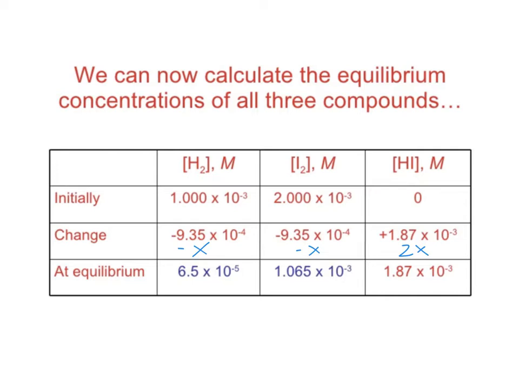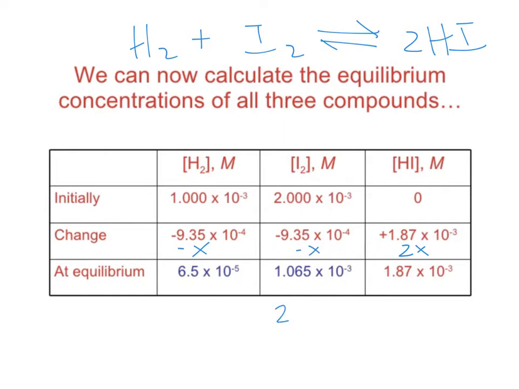So, if we start with 2 times 10 to the minus 3 of I2, and remember this is our reaction, H2 plus I2 goes to 2HI, and we decrease by this much, 2 times 10 to the minus 3, minus 9.35 times 10 to the minus 4 is 1.065 times 10 to the minus 3.